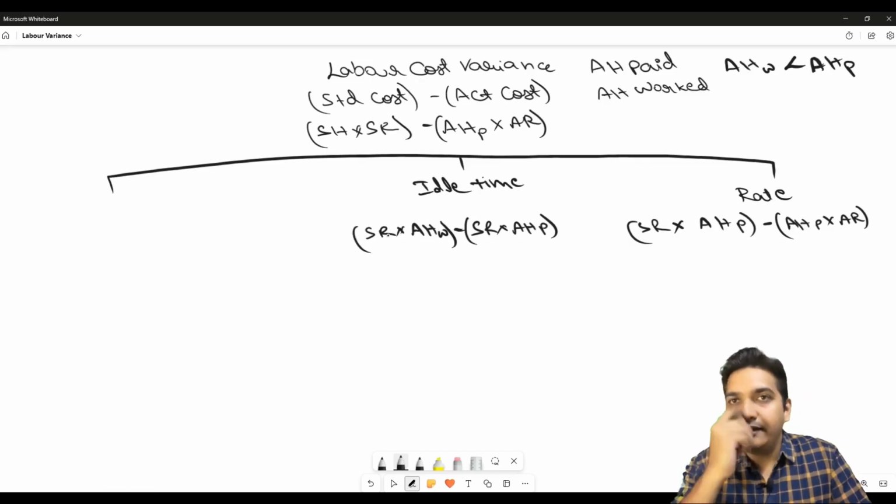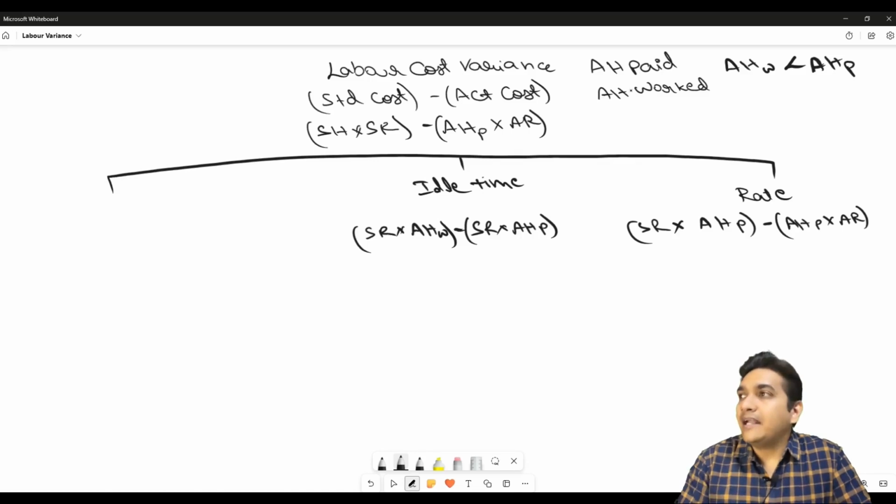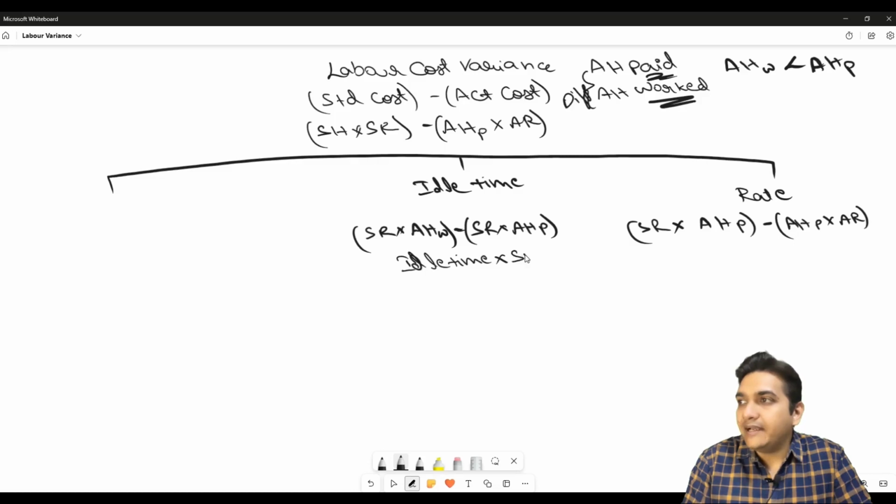So what is idle time? Idle time is basically the difference between actual hours worked and actual hours paid. Whatever is the difference between these two becomes my idle time. So one more way to write the idle time variance is idle time into standard rate.